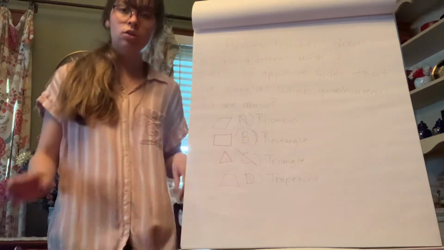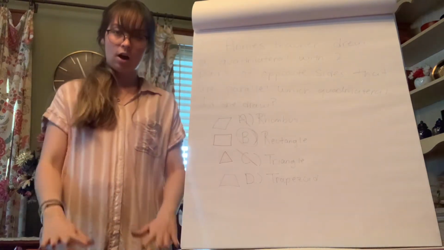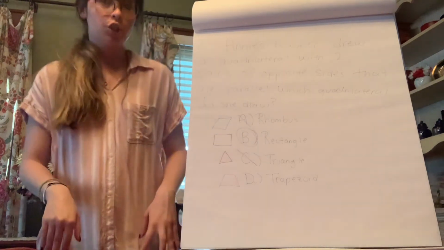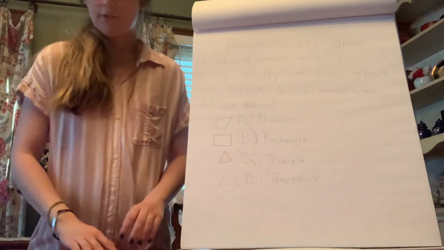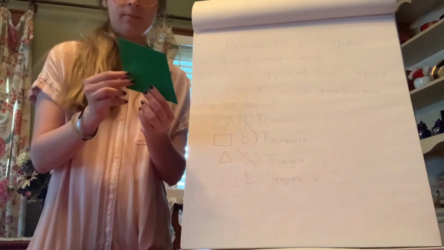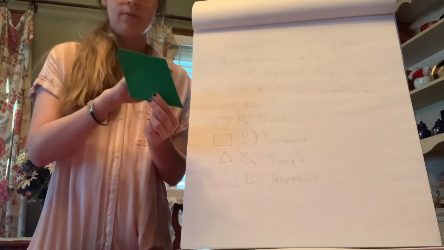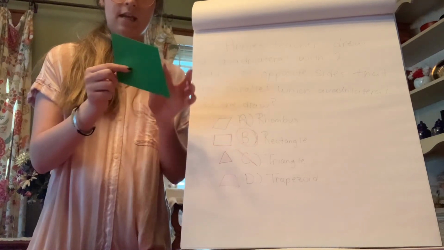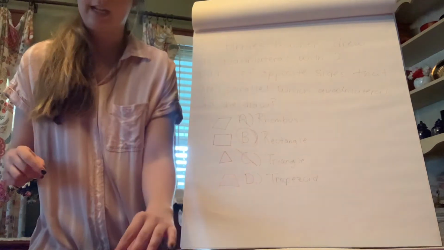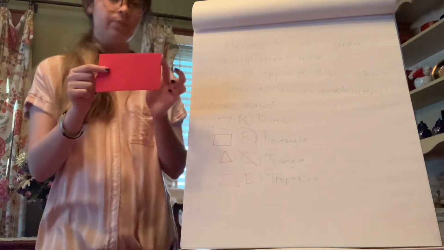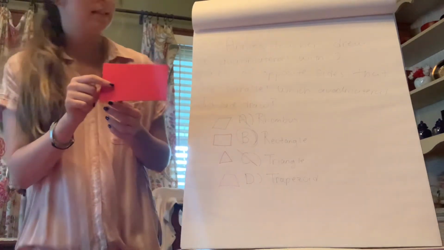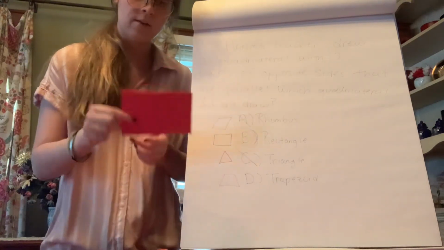Students can also look at all the different shapes that they've got on their desk. I've got a rhombus here. They can see all the different sides and all the different angles. Got a rectangle. They can feel and look that there are 2 opposite sides that are parallel for this one.